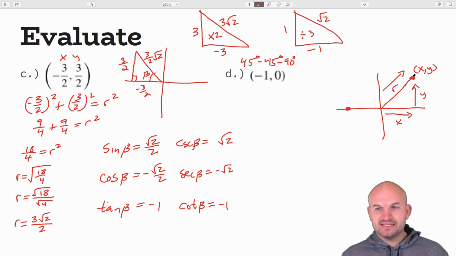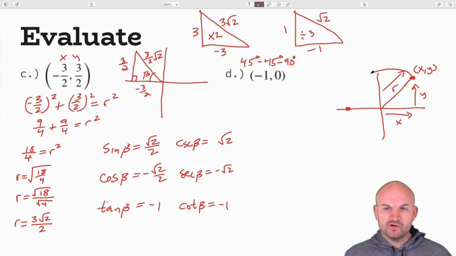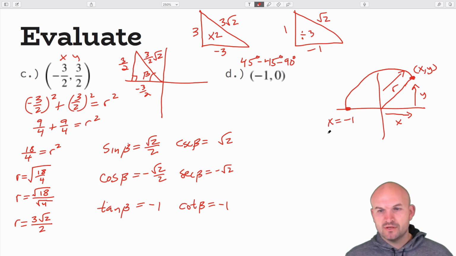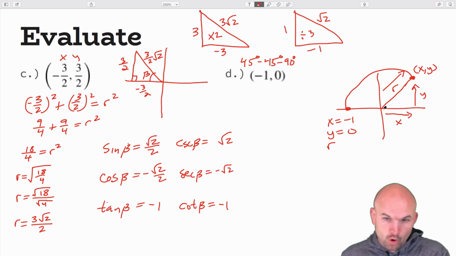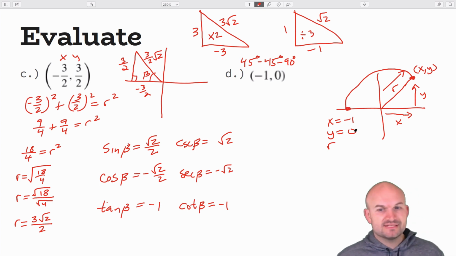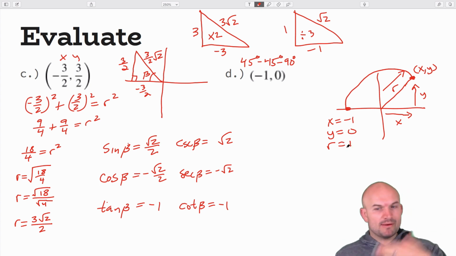So if we take this point and rotate it around here, we know that x in this case is -1, y is going to be 0, and r, if you just think of r as the distance from the origin to that point, r is going to be a +1, right? R is always positive.